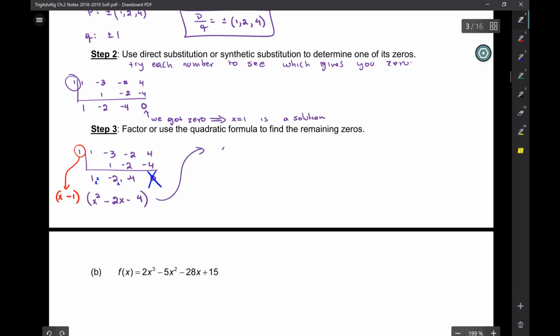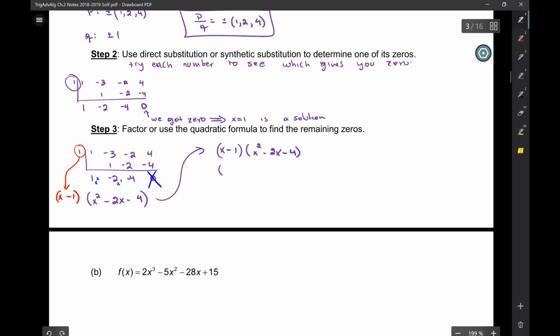So now if I copy that here, can I factor that? Can I? Because this is a 0, it stays with it here, right?